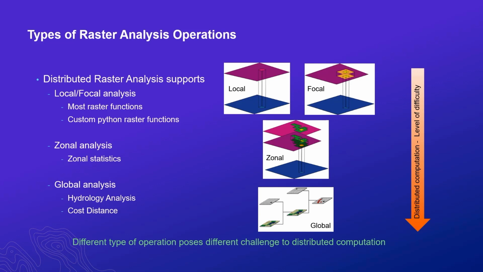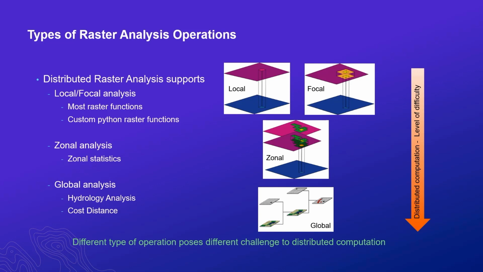Now in ArcGIS Enterprise, we want to distribute this operation. You want to compute it faster by distributing it. So we call it distributed computation. And it is not easy when you talk about global analysis, but it is relatively easy when you are doing local and focal operations. So as you can see, the difficulty actually varies, and for local and focal it's much simpler.